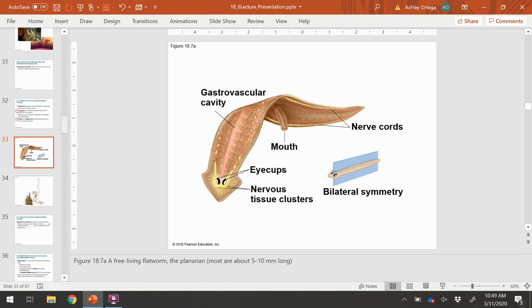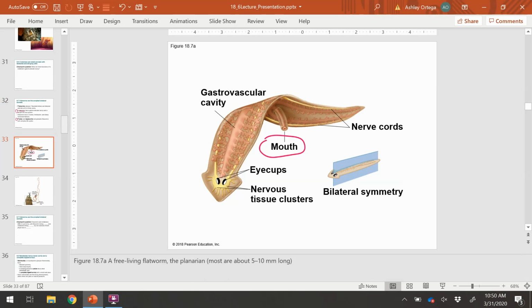It has one opening, and it's named the mouth. From here, food will be taken in, and then the food will go through the whole gastrovascular cavity, which is here in brown. As you can see, it spans pretty much the whole body of the Planarian. That circulates all the nutrients, the oxygen, the waste, and then expels it back out through the mouth.